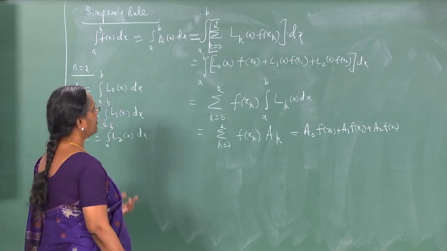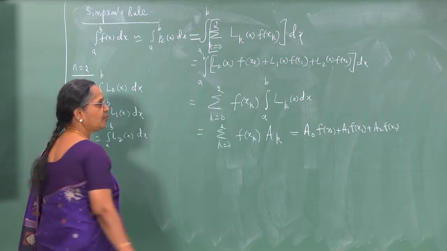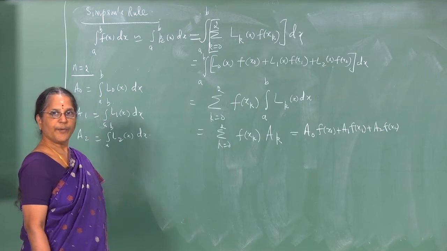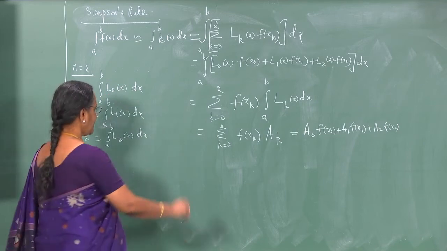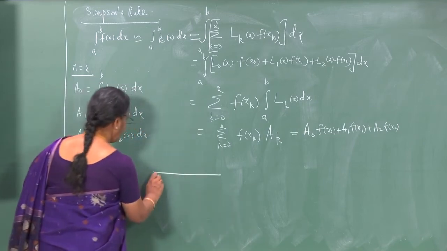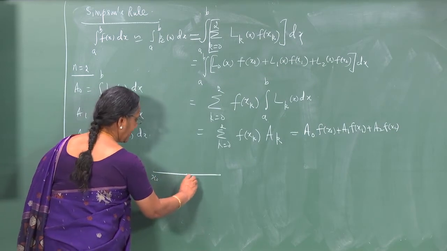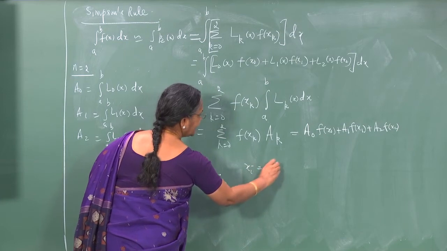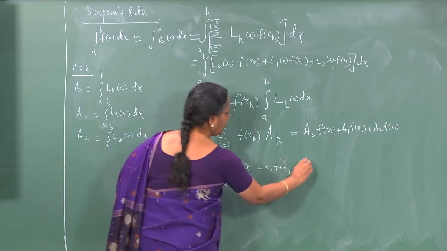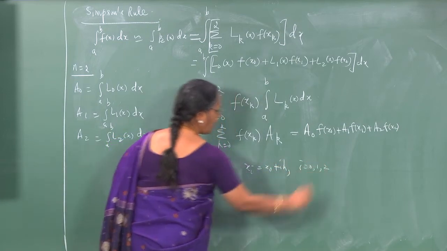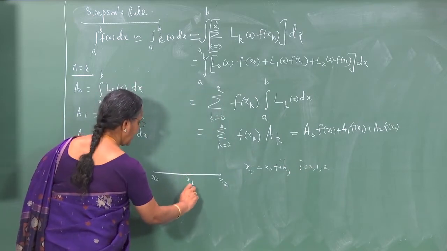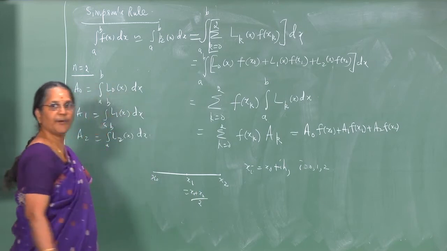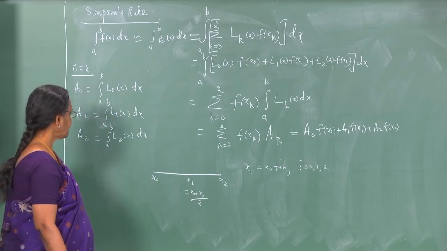So, I require 3 points x0, x1, x2, and we are deriving the Newton-Cotes method, so the points must be equally spaced. I shall take the points such that xi is x0 plus ih for i equal to 0, 1, 2. So, my x1 is nothing but x0 plus x2 by 2, the midpoint of the interval.